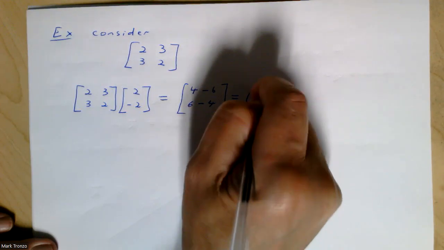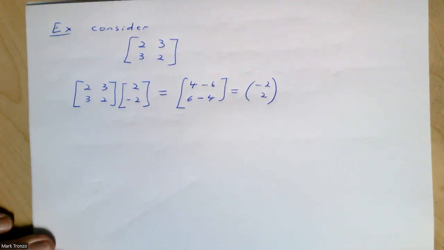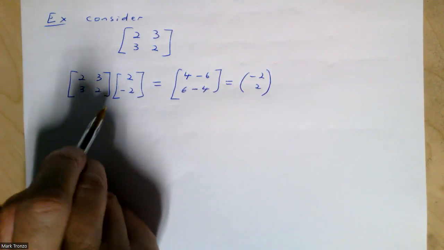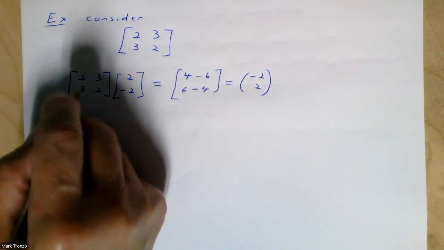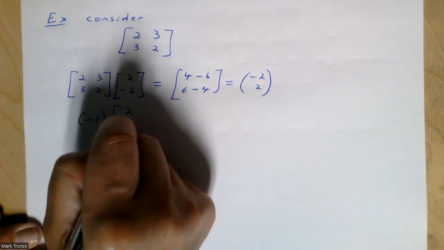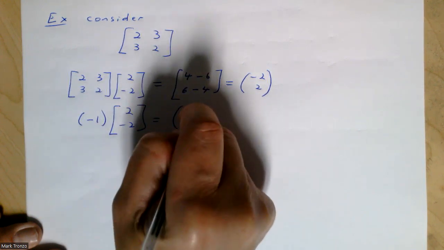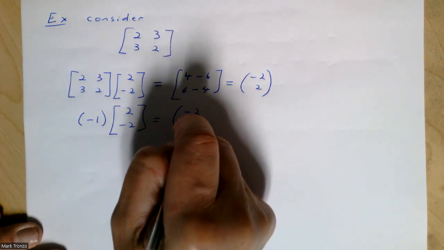So we end up with minus 2, 2. Now also, let's take the same vector here and multiply it by minus 1. And we get -2 and 2.